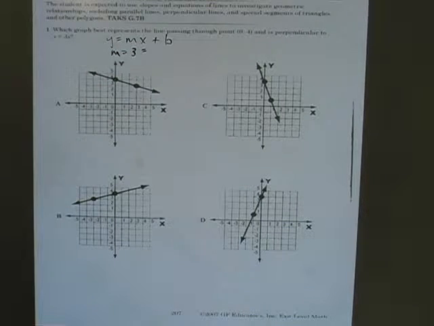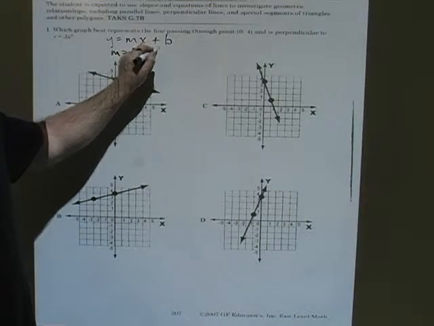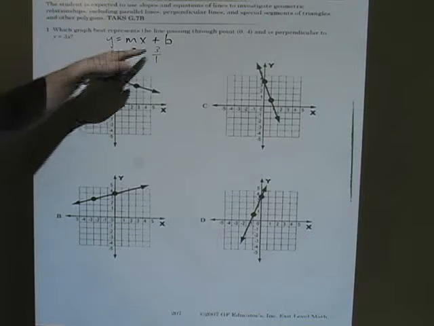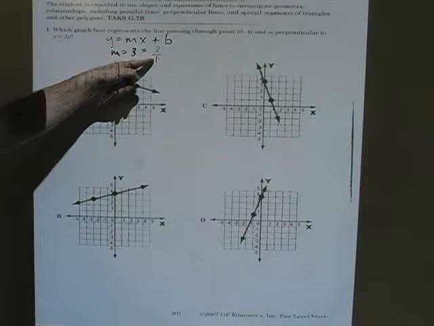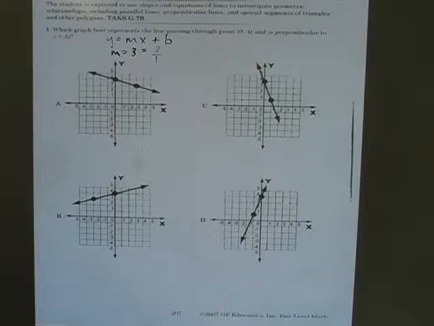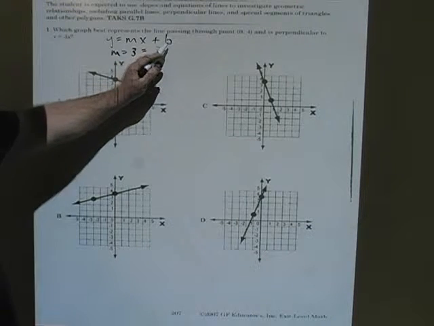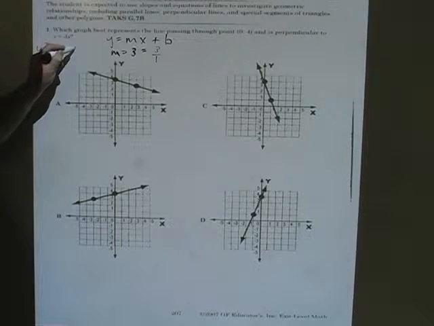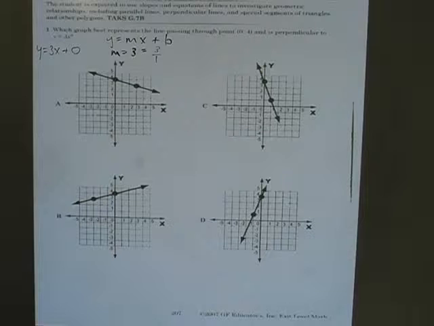Remember, you can write the whole number 3 over 1. That puts it in rise over run form so that you know this line is going to rise 3 and run 1. Just while we're on this one, what would the b be in this equation? y equals 3x plus b. Well, there's nothing there for b, so you could put 3x plus 0.